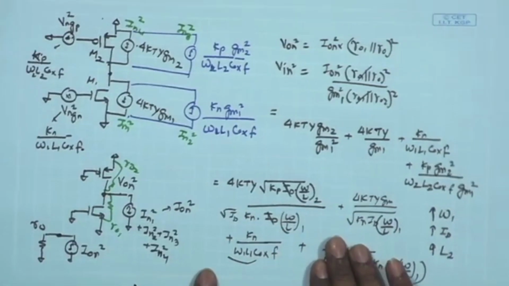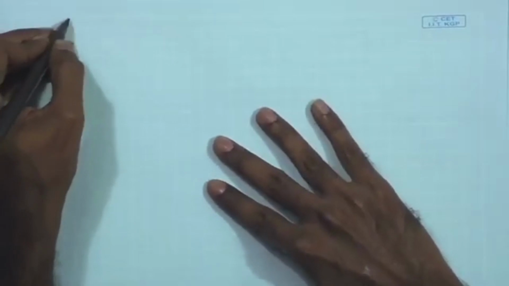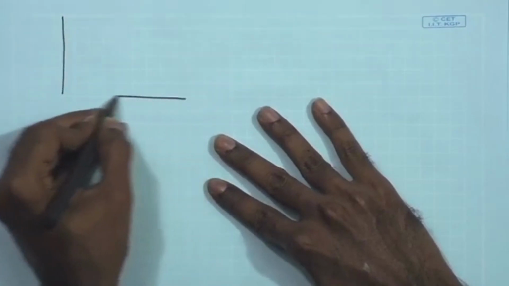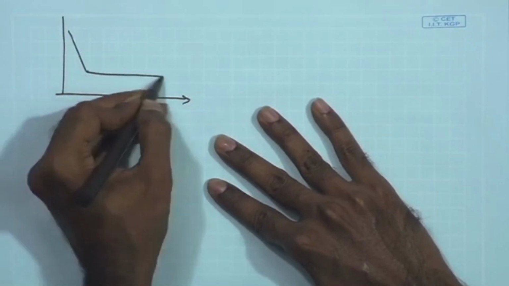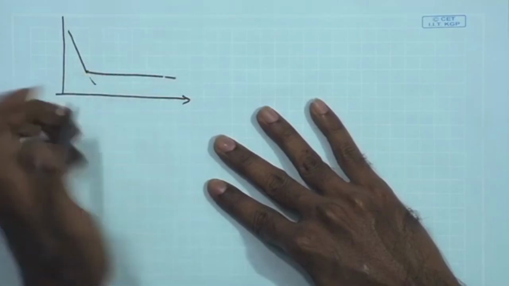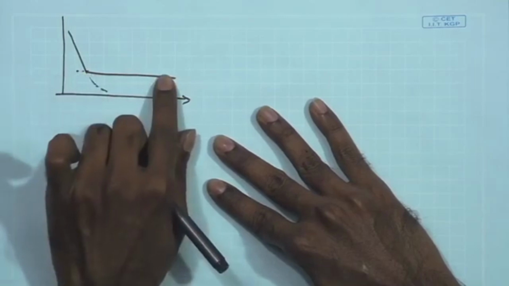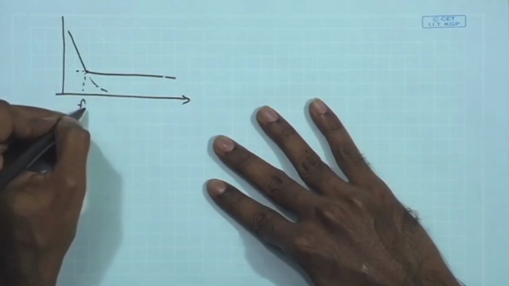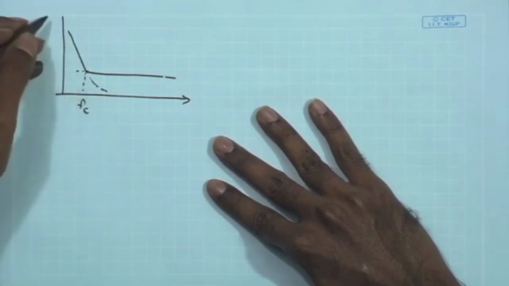As a result, if we want to look at the corner frequency, it is the intersection of this 1 upon F curve and the white noise curve. As we go towards higher frequency, the 1 upon F goes down, as a result its magnitude diminishes, and therefore the white noise becomes dominant. This is the frequency Fc, or the corner frequency, below which the 1 upon F noise term becomes very significant.